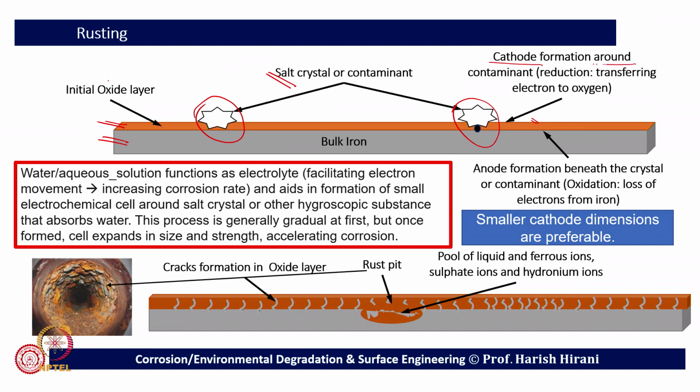So, this cathode formation around the contaminants will be more dominant. And what is the cathode? It is basically transferring electrons to the oxygen, and from where will this electron come? Naturally, it will come from the bulk iron. If it is coming from the bulk iron, naturally this is going to act as an anode. So, that is why we say there is a cathode and anode, and water acts as the electrolyte.